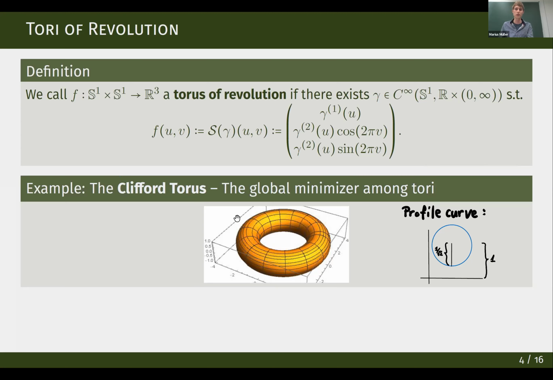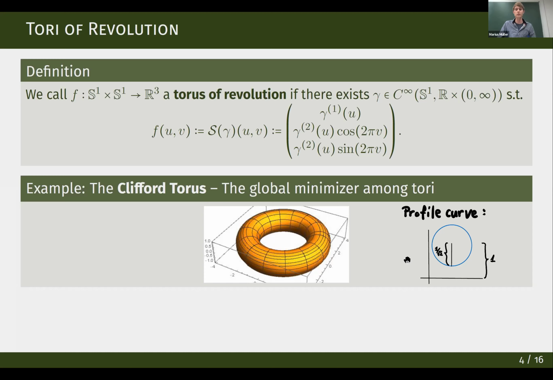The Clifford torus simply arises from revolving a circle with certain radii and a certain height around the x-axis, so this will be the global minimizer among all tori, and it's sort of the nicest donut you can construct, and the ratio of height and radius plays an important role for the energy. So this is the global minimizer.